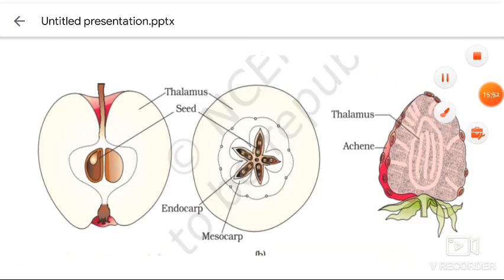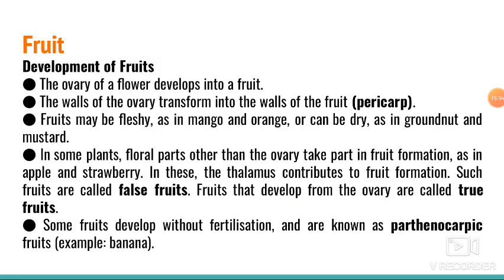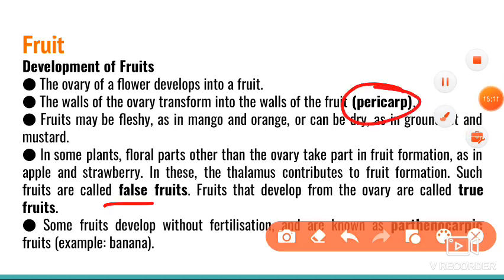Students, this is the complete information about fruit. It is very simple and a very small concept. We already studied the seed, and now we studied the fruit. Here you just remember pericarp, then false fruit and true fruits, with an example for false fruits.